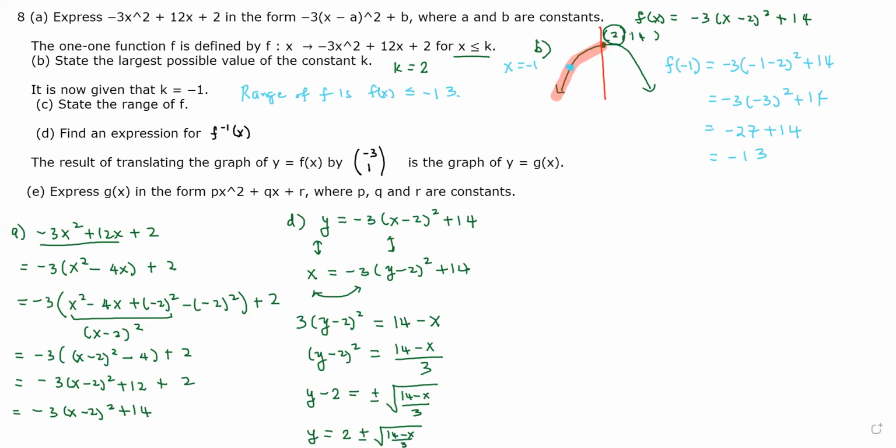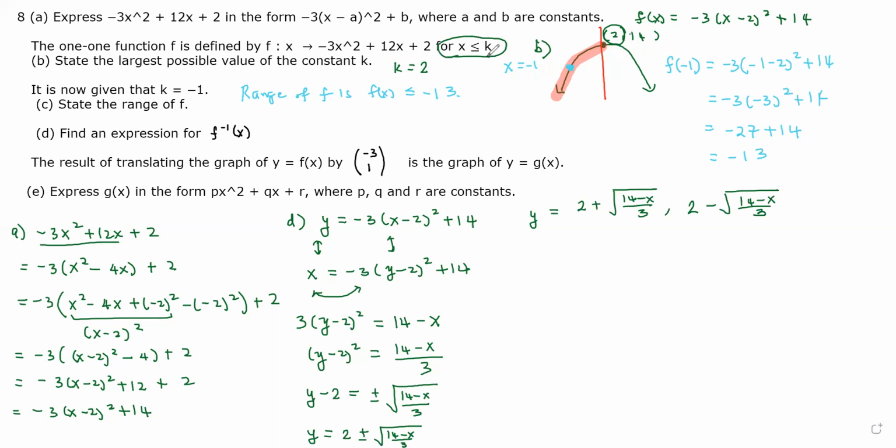To find an inverse of f, we are given that the function is 1-to-1 for x less than or equal to k, so the y value must be less than or equal to k. From this, y is either 2 plus the square root of 14 minus x over 3, or 2 minus the square root of 14 minus x over 3.